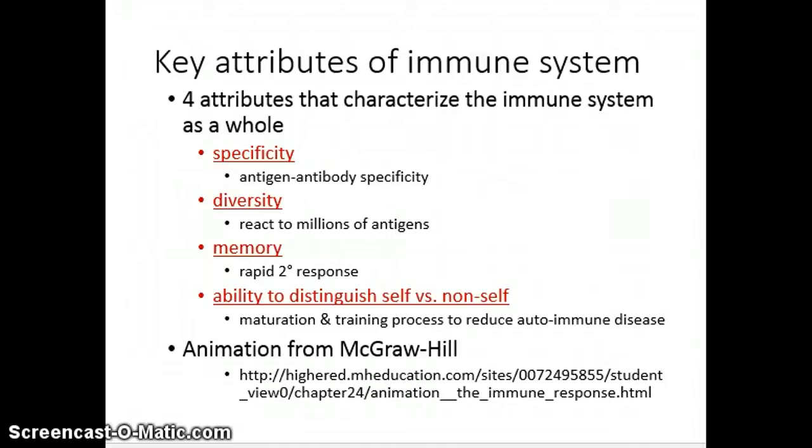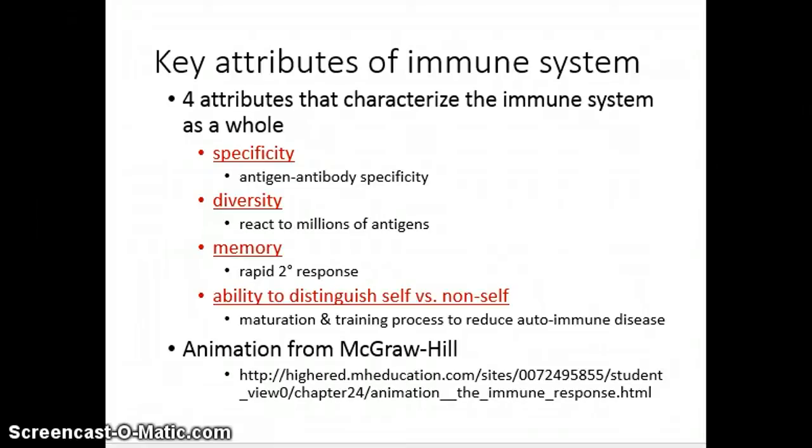And we can do that with the third attribute, which is memory. Our B cells and our T cells are able to remember previous antigens, which increases dramatically our response, which is called the secondary response to an infection. So if an infection happens a second time, that secondary response is due to the memory cells.